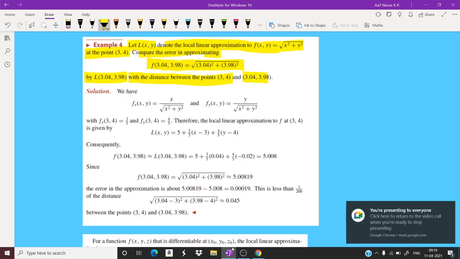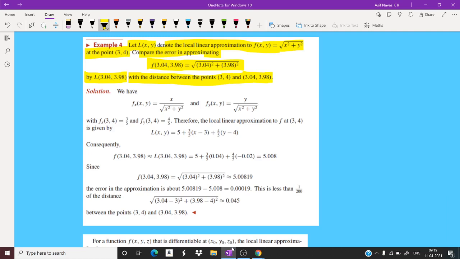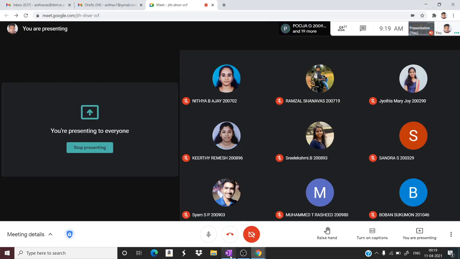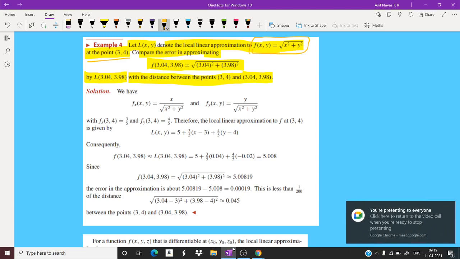So this is the idea. Now what is the question? The question is, we want to find a local linear approximation of the function f(x, y) equal to root of x² + y² at the point (3, 4).